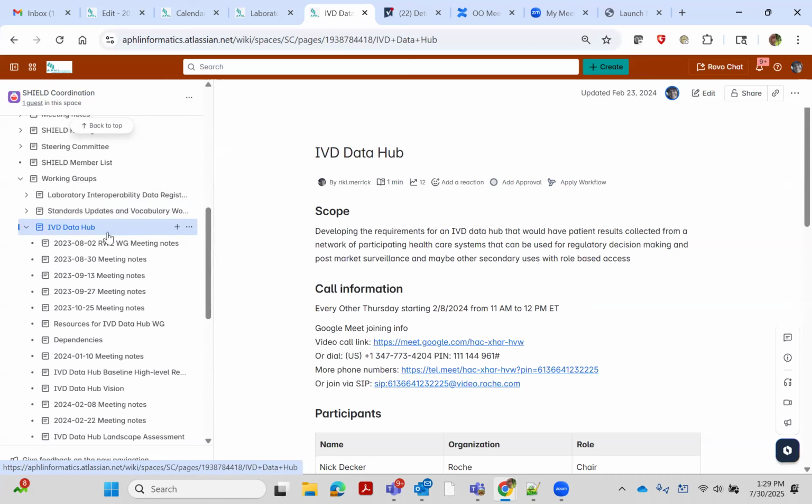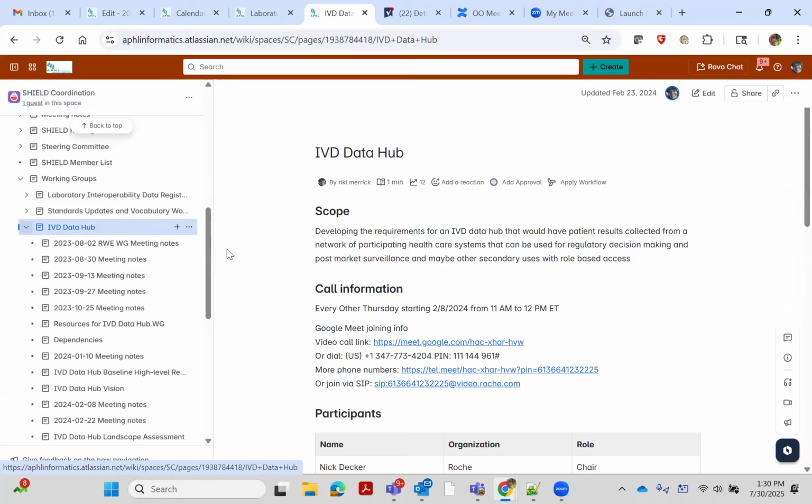And this is really what FDA wants to see happening. And this is what might help the IVD vendors get their test to market faster, deal with post-market surveillance review, help researchers, all of those kinds of things. So that's what that group is working on.